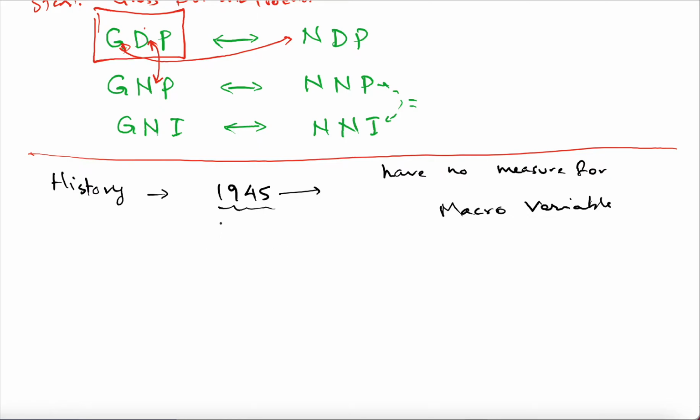And if you remember, I said that in 1944 or 45, the United Nations was formed, the World Bank was formed, and the International Monetary Fund was formed. So these are new organizations or institutions which are sort of the government of the world, but they are not actually the government of the world.